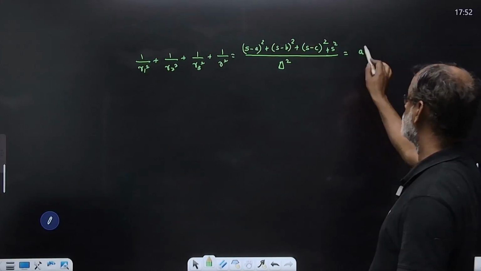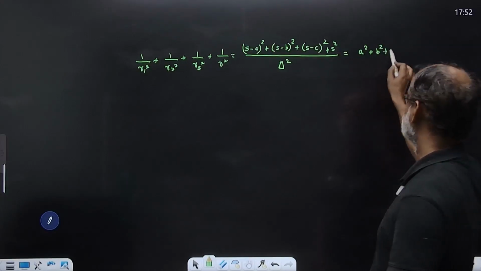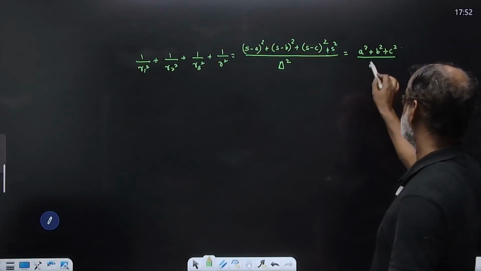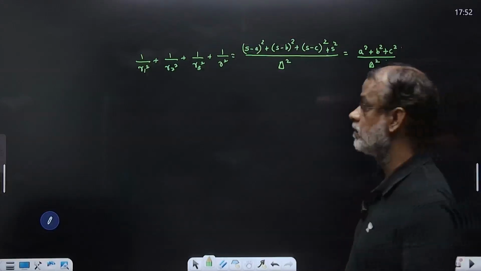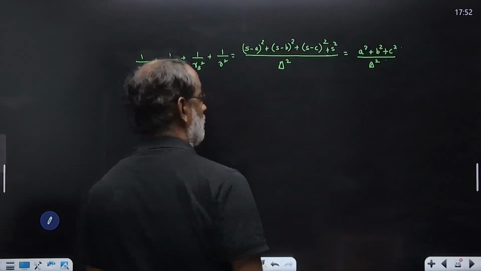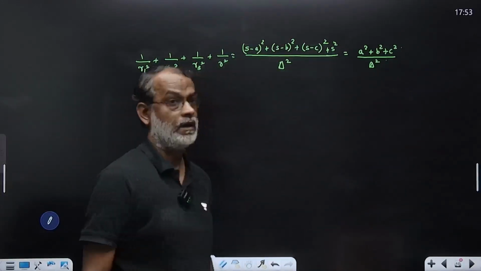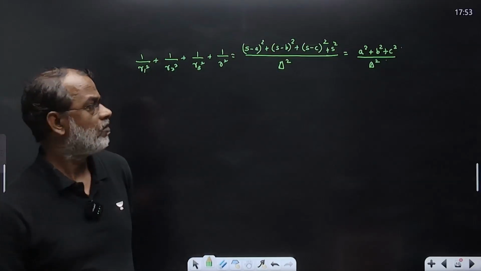This is A square plus B square plus C square by delta square. So, you get A square plus B square plus C square.